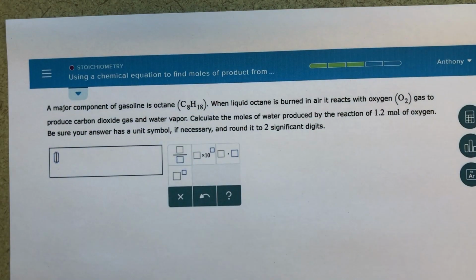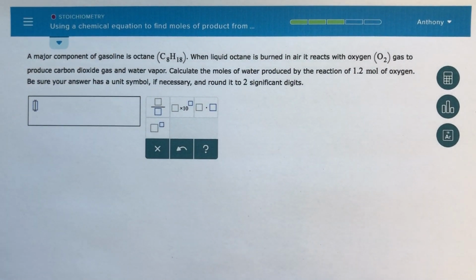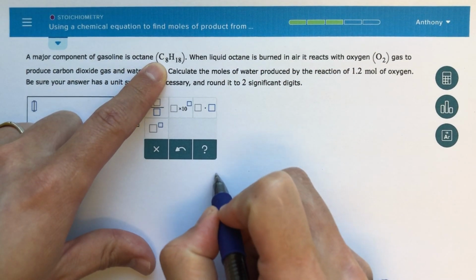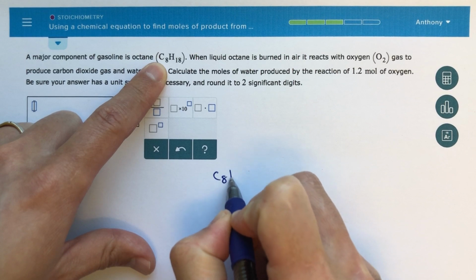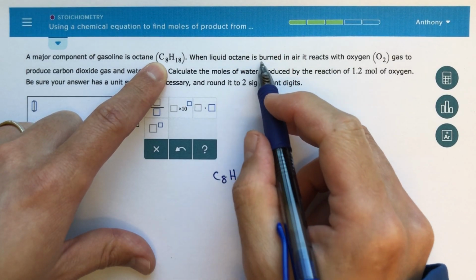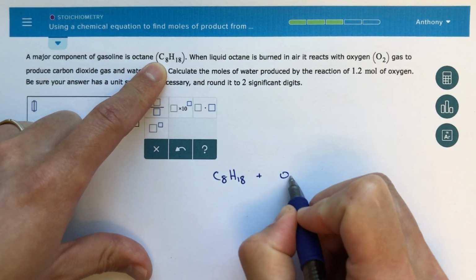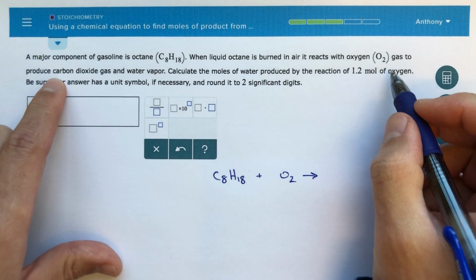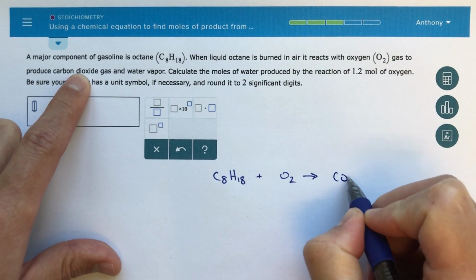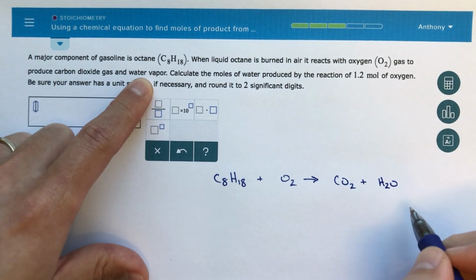So this next problem is definitely a more challenging version. And in this one, it says that our major component of gasoline is octane, C8H18. When liquid octane is burned in air, it reacts with oxygen, so plus O2, to produce, so that we're going to have our products, carbon dioxide, which is CO2, plus water vapor, which is H2O.